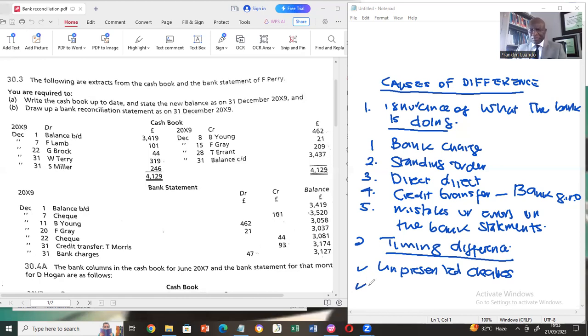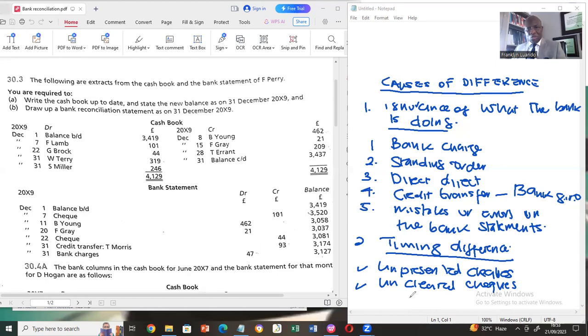Then we have uncleared checks. Uncleared checks are also referred to as uncredited checks or lodgements.